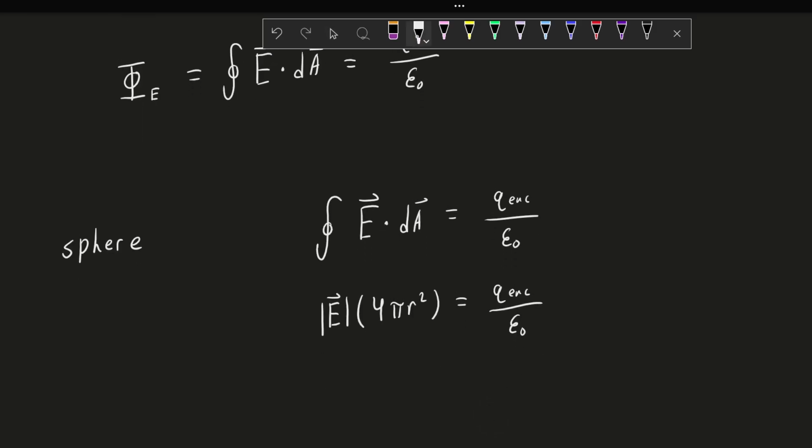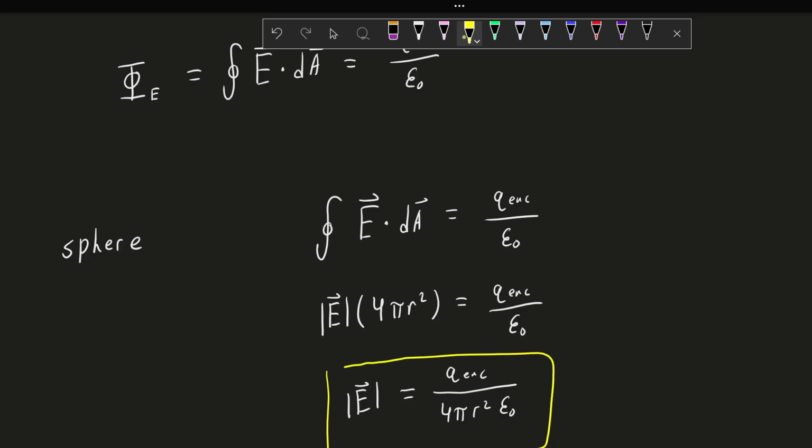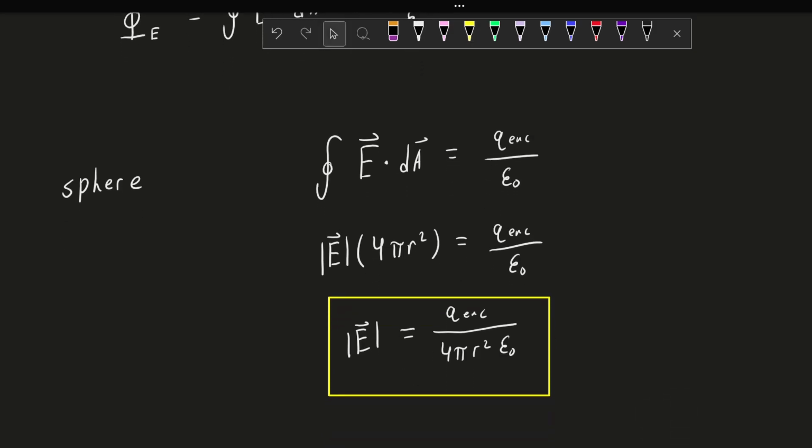So then we can just say that the magnitude of electric field equals Q_enc over 4 pi r squared epsilon naught. Okay? That is always true for a sphere.